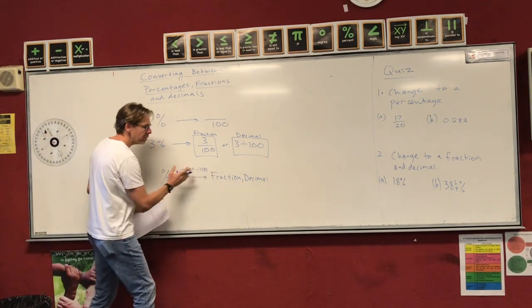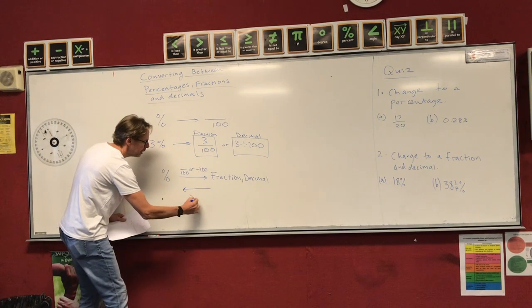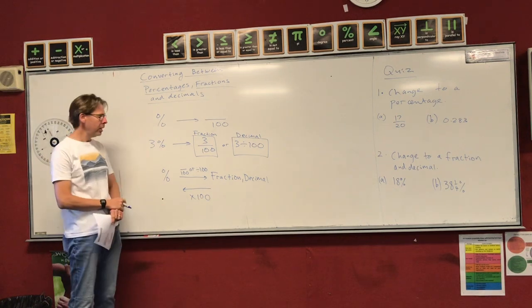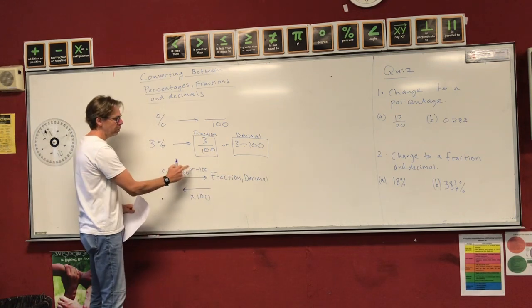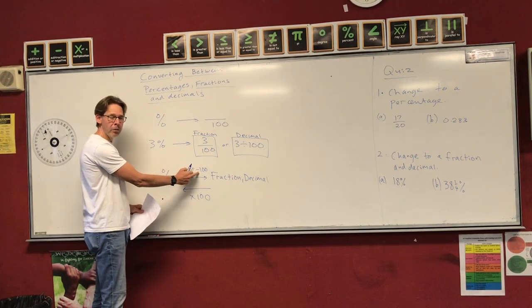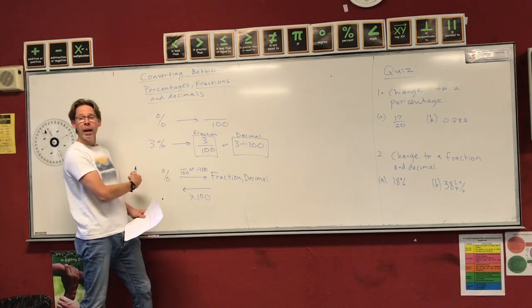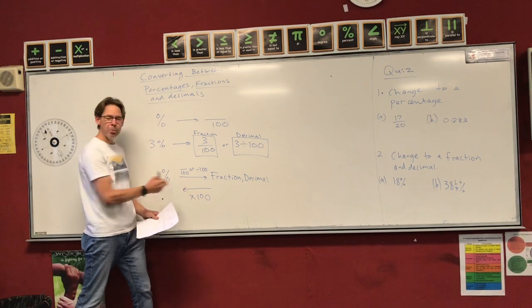Now if that way is dividing by 100, then going back the other way is multiplying by 100. Okay? So to go from a percentage to a fraction or decimal, put it over 100 or divide by 100. And to go from a fraction or decimal back the other way to get a percentage, you times by 100.